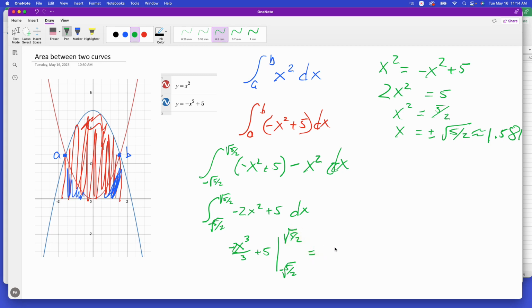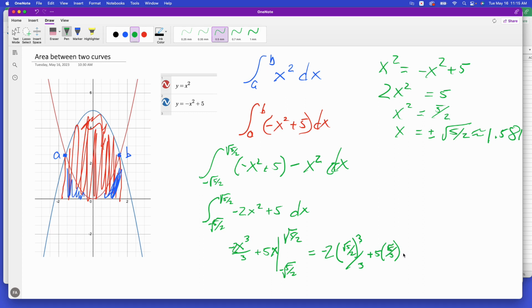So we just plug those in, so we get negative 2 times square root of 5 over 2 cubed over 3 plus 5. Oh, I forgot my x, didn't I? X right there. Yeah, there we go. And then square root of 5 over 2. Okay.